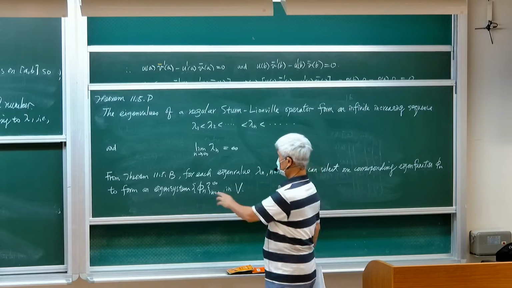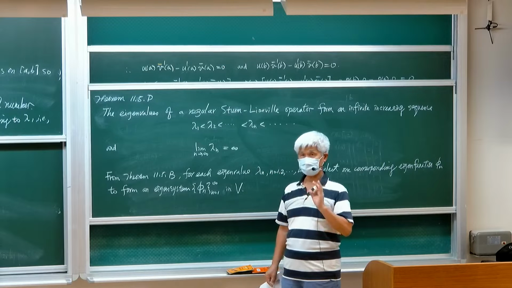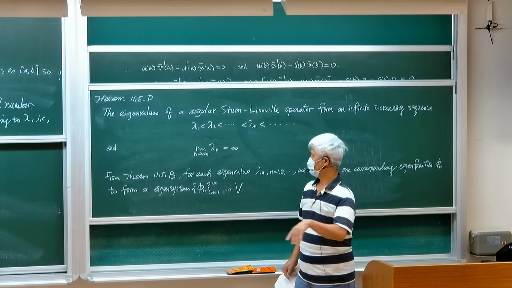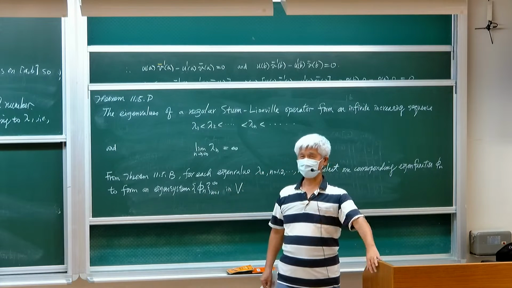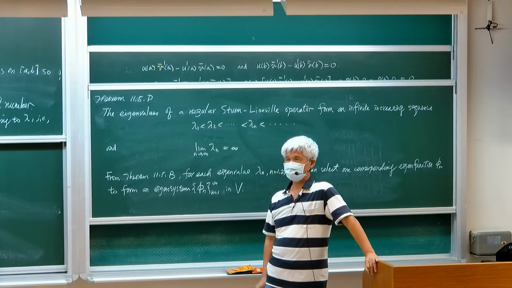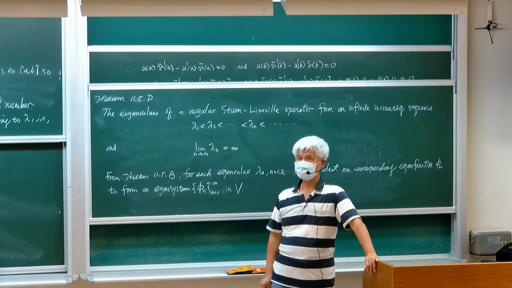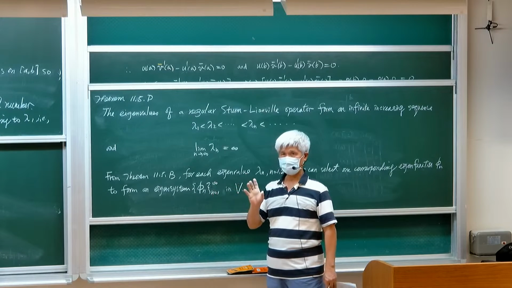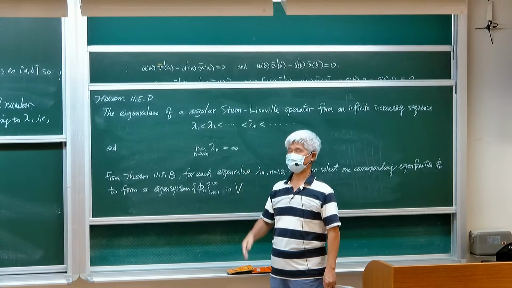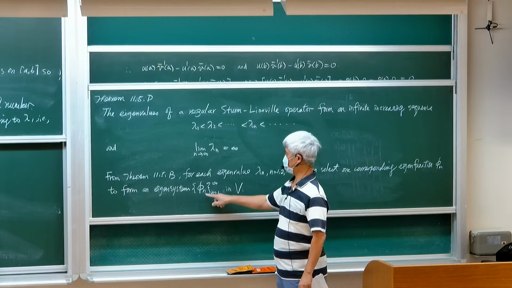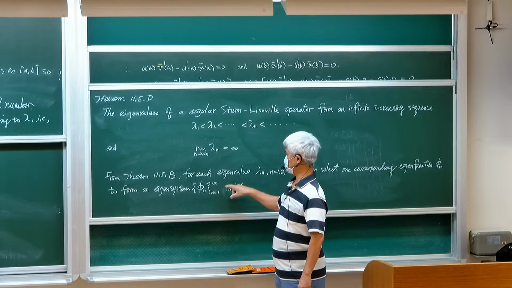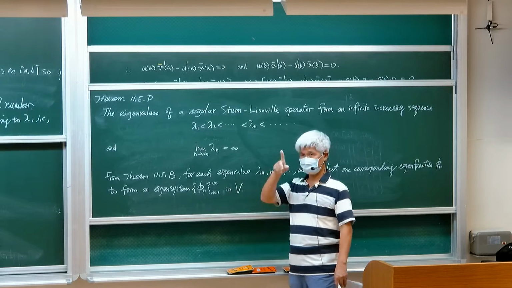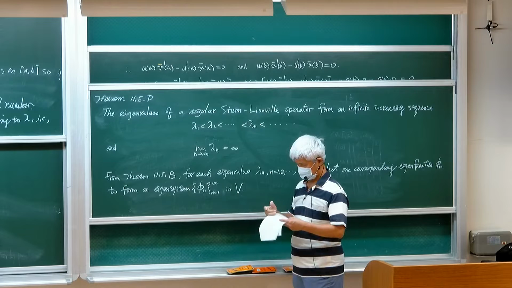Third, the second derivative of phi n is in L2, so it is square integrable. Fourth, each phi n satisfies the two separated boundary conditions. Is that clear? So this eigensystem has the properties in V, because they are constructed as eigenfunctions, because we define the L on this vector space.